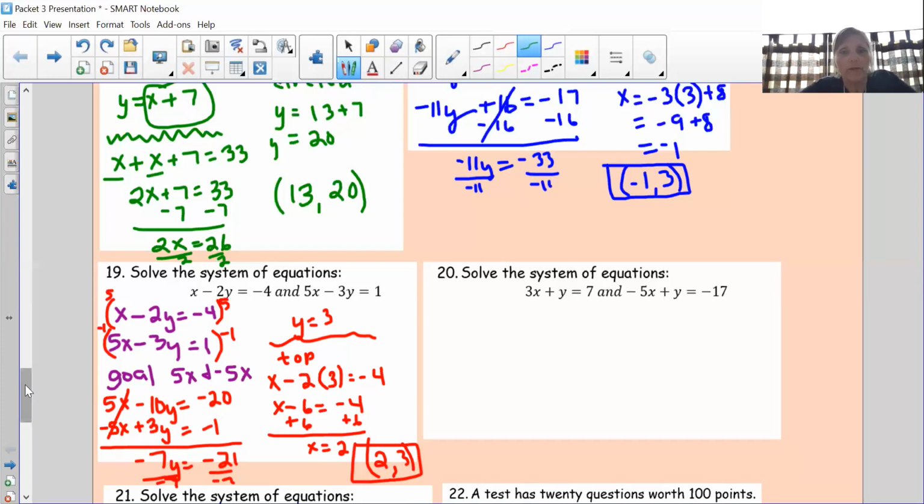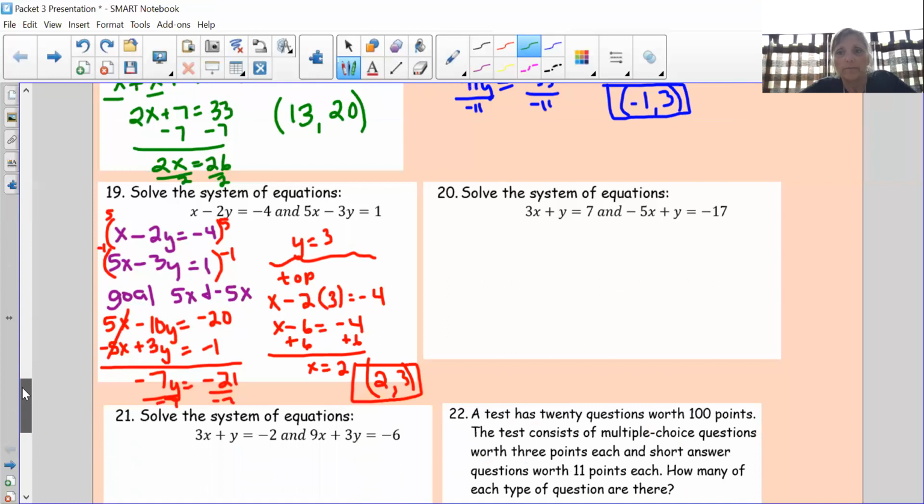Okay, solve another system of equations. So I'm looking at it and I see ax plus by equals c, ax plus by equals c. Now, I would think about the 3x and the 5x, but look at the y's. If I had one to be positive and one to be negative, I would be able to subtract them away.